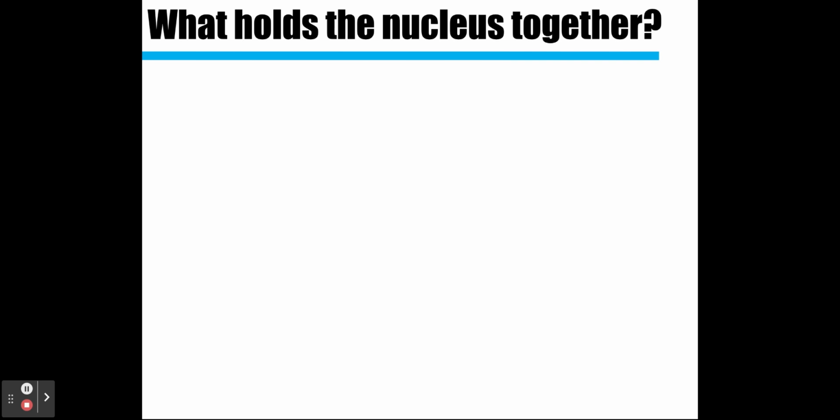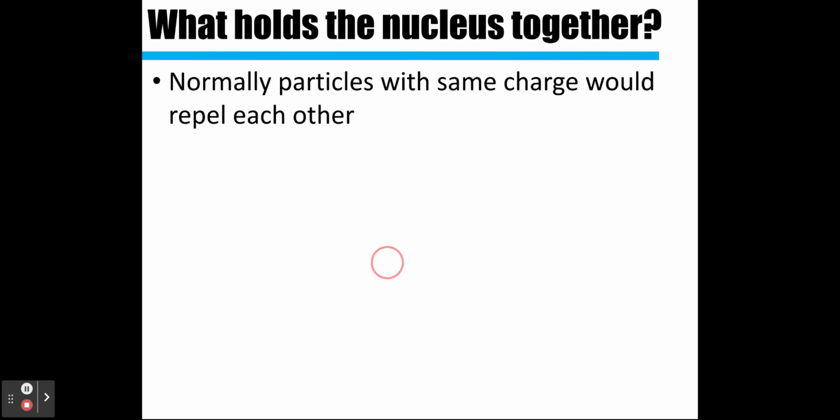So you bring two positive sides of a magnet together, they're going to want to repel, they're not going to stick together. They're going to push each other away. So same thing with positive charges. So if we've got all these protons in a nucleus and they're all positively charged, why isn't the nucleus just falling apart? Why don't atoms just fall apart and the whole universe and the material world just kind of repel each other and fall apart into particles?